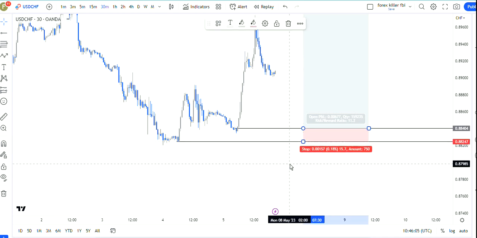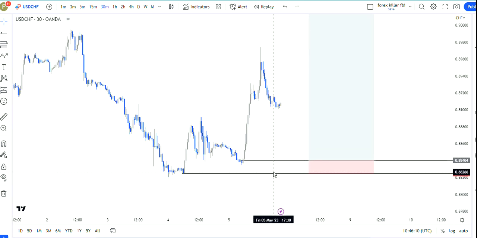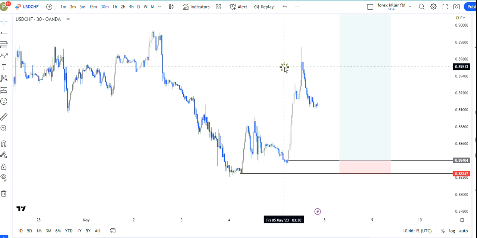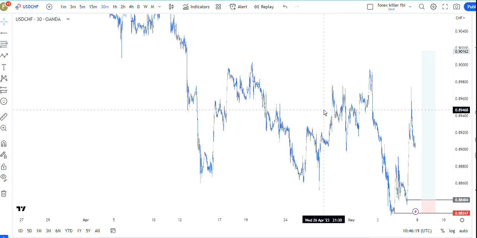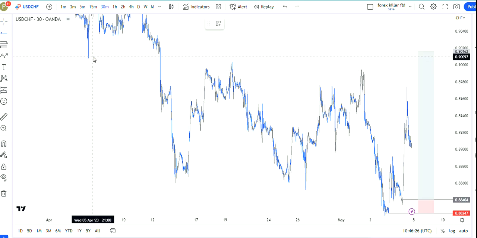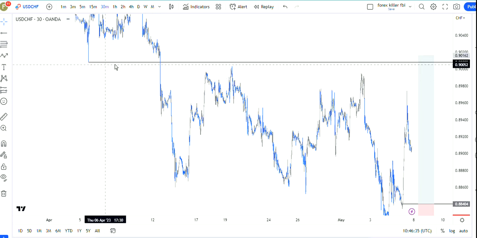This will be the point of entry, then this will be the stop loss. Now, what will be our target? Where will be our take profit? Our take profit will be around this point here. Do you see here? This will be our point, because the market breaks this, so this will be our take profit.